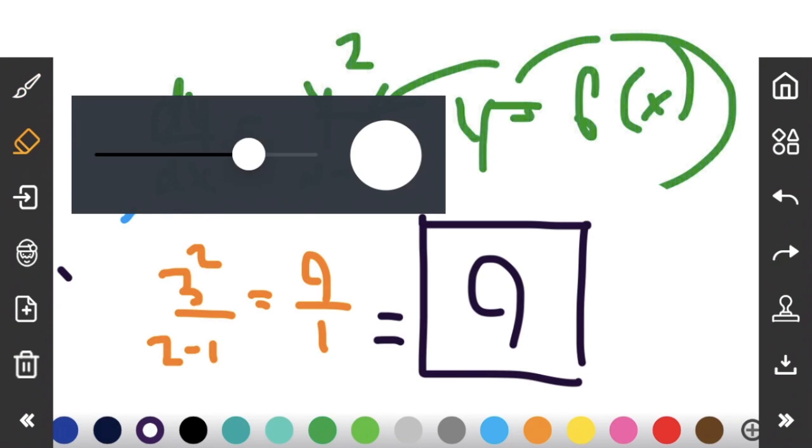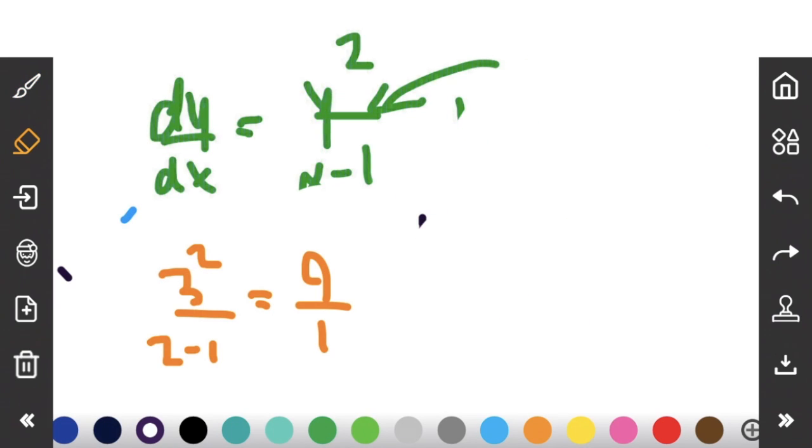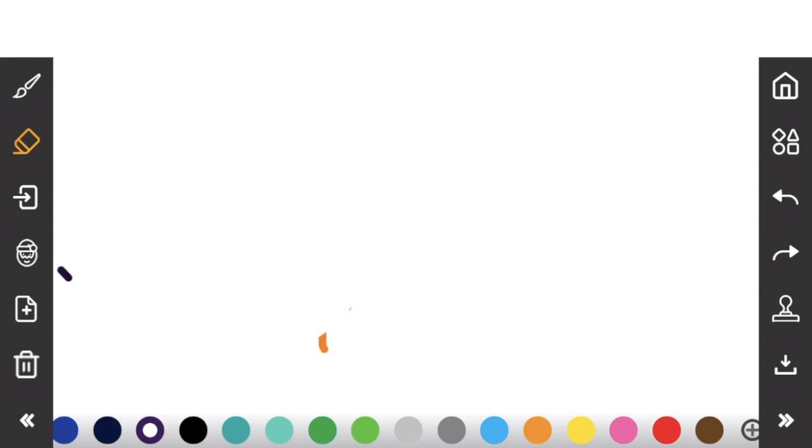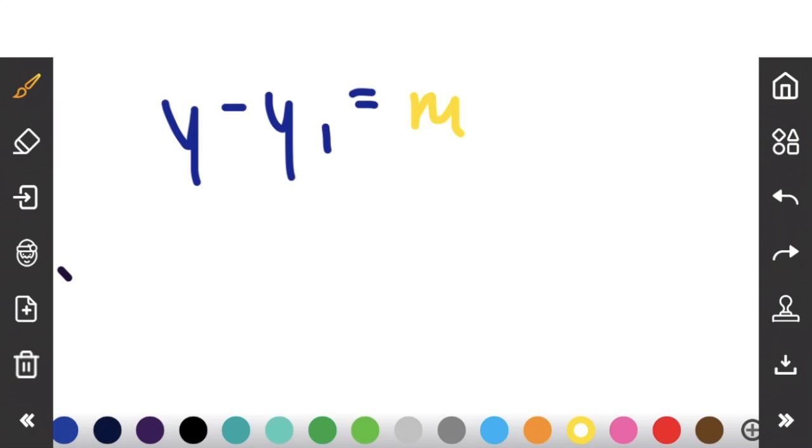Now they want you to write the equation for the tangent line. The equation for the tangent line is y minus y1 equals m times x minus x1. They gave you y1 and x1, and you just found the slope.